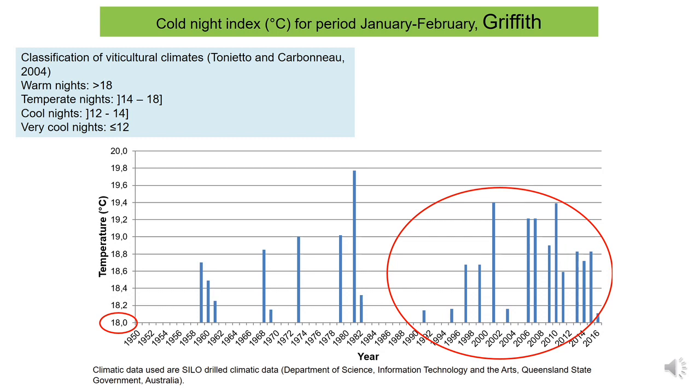The figure shows the evolution of night temperature from a threshold of 18, which means that the region already had high night temperatures, but even more, the night temperatures continue to increase. And this means that the choice of varieties for the future, in terms of adaptation to these warm temperatures and in terms of wine styles, will be crucial.